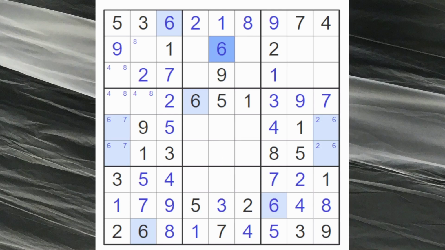Okay, so I need to change the way that I do this. So this was not a 6, it was a 4-6, right? And this is a 4-8, like so. And what did we say this was? A 6-8, because this is also a 6-8.